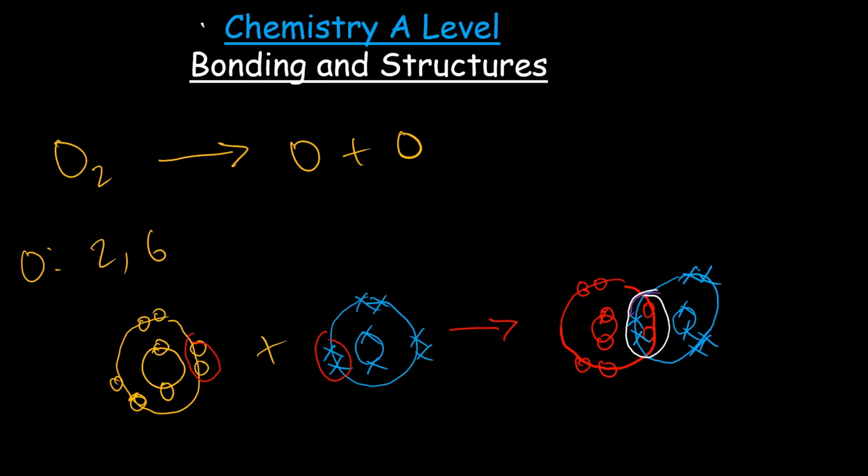So in this case, the oxygen molecule will produce a double covalent bond. Okay, so that's another example for covalent bonding.